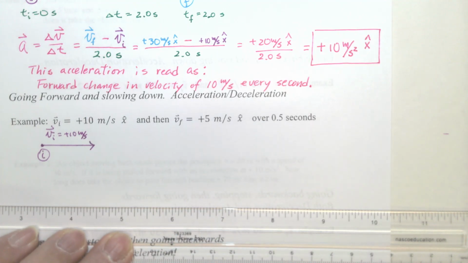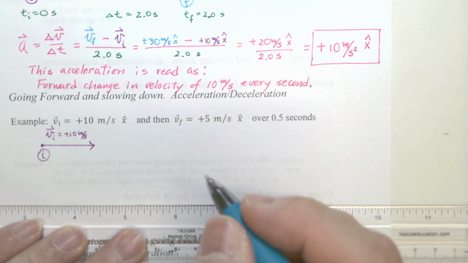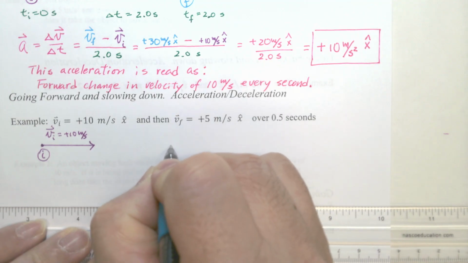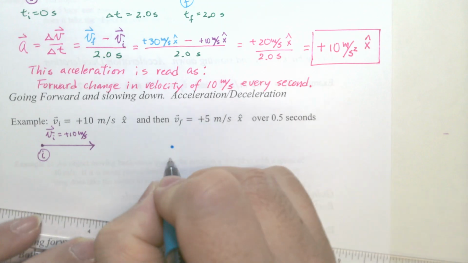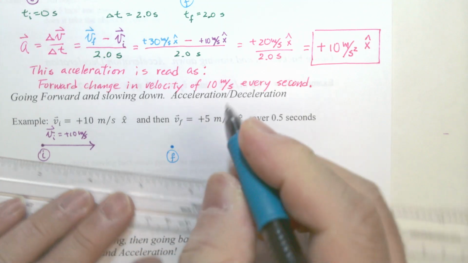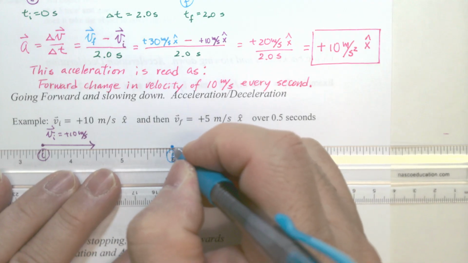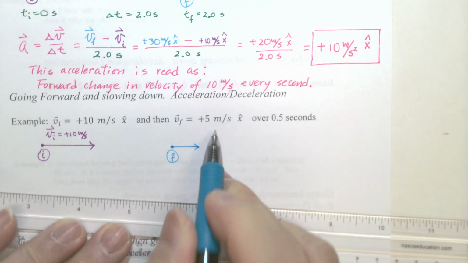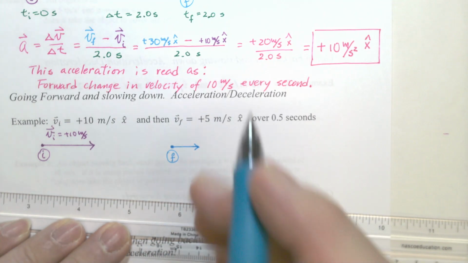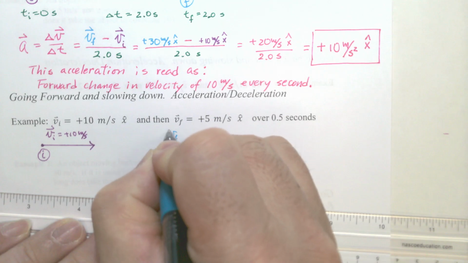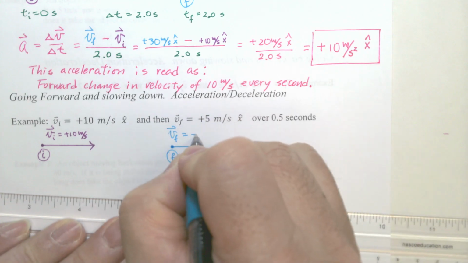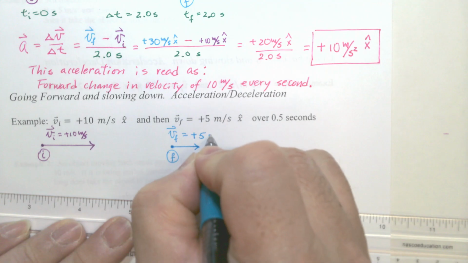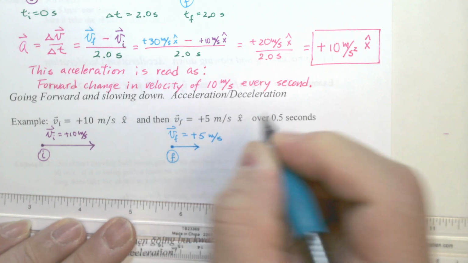Now, the final velocity, this is the final condition, happens to be 5 meters per second in the positive x direction. So my v f happens to be positive 5 meters per second x hat, right?